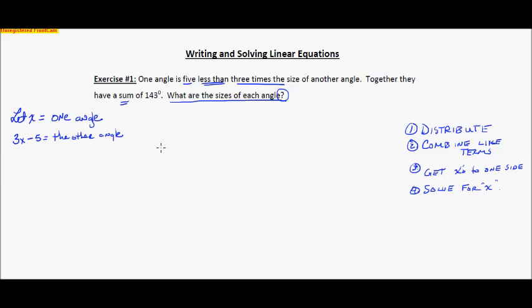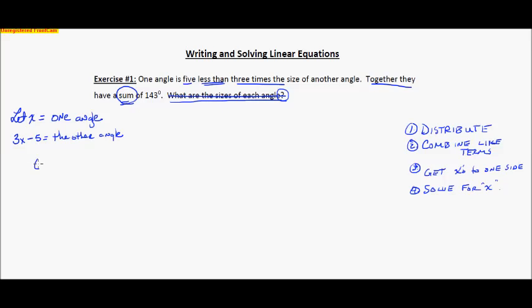Now we want to create an equation. I've used this part, so I'm going to just cross that right out. It says one angle is 5 less than 3 times the size of another. Well, I've got that, and I've got the other angle, and it says together they have a sum. So I'm going to add these two angles together.